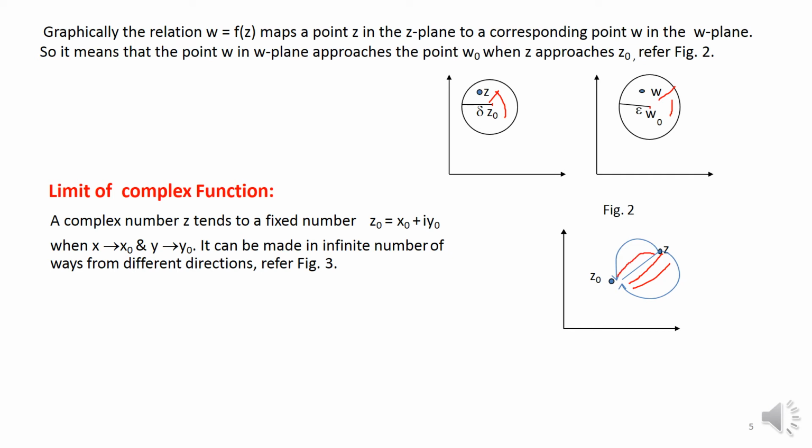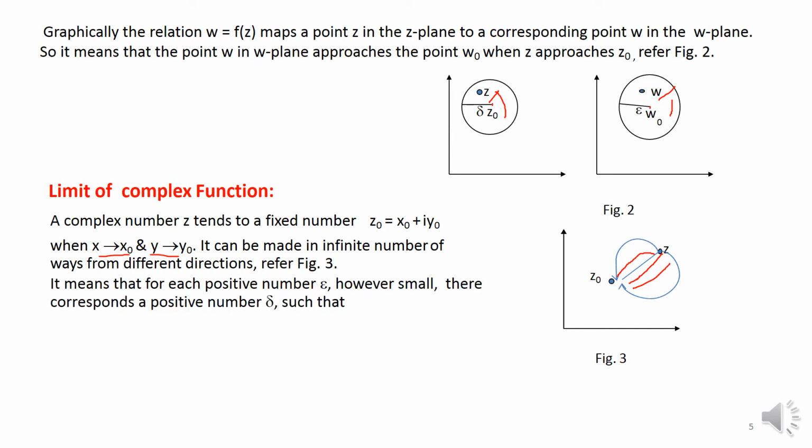So we can have many paths from z to z0, and this is happening when x is tending to x0 and y is tending to y0. So it can be made in an infinite number of ways from different directions, as we can see in this figure.